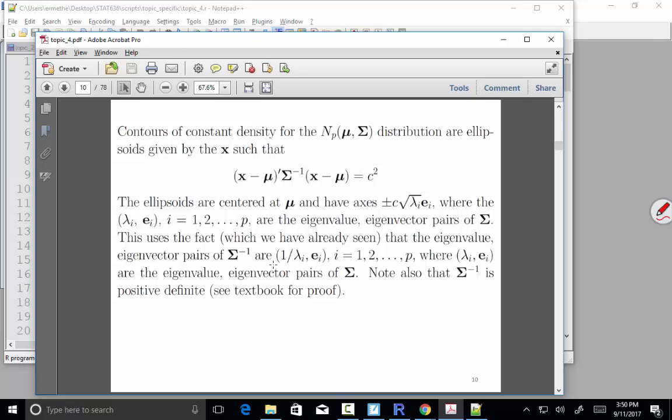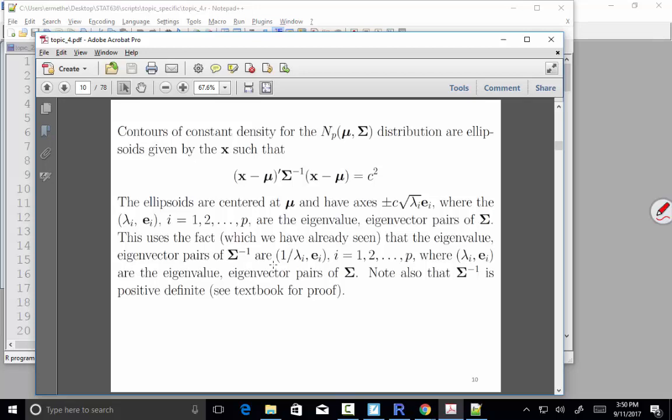It's probably one of the least favorite slides for the whole class in topic 2 that talks about how to get the ellipse of constant distance: you go in the direction of the eigenvectors, and the length is like 1 over the square root of the eigenvalue times the constant c. It's a mess. This comes directly from that. So you don't have to relearn anything messy. It's just an application of something you already saw.